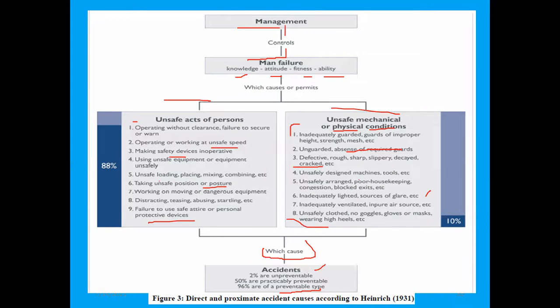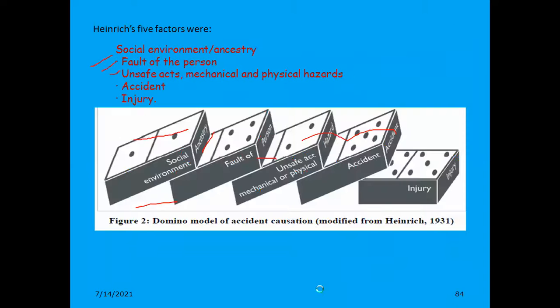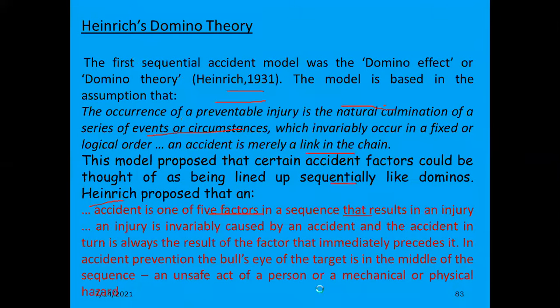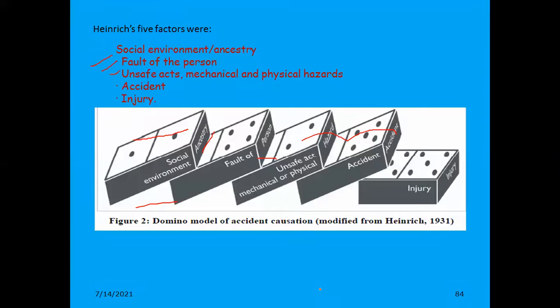You have to maintain the domino sequence, the dominoes effect, of unsafe acts of persons and unsafe mechanical or physical conditions. These are the five things: social environment, fault of a person, unsafe acts, mechanical or physical hazards, accidents, and injury. This is the Domino theory, proposed in the year 1931.